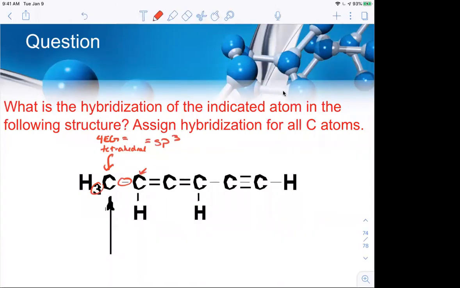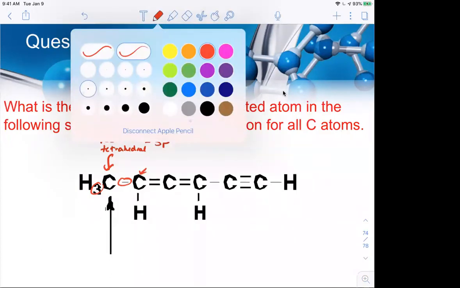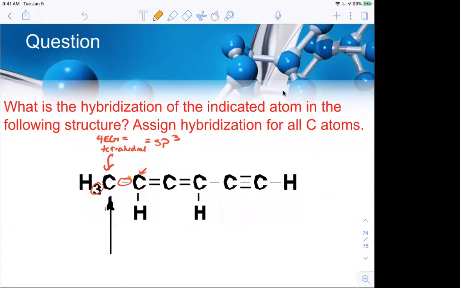This has 1 bond. This carbon has 3 electron groups. Trigonal planar, going to be sp2. This carbon, 2 electron groups. That's going to be linear for sp.